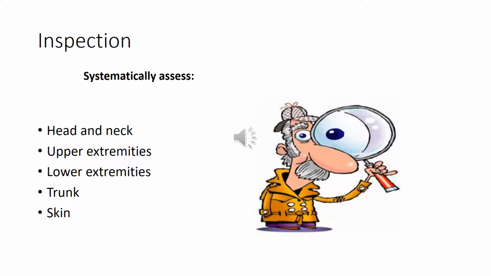Are they equal on both sides? Observe for any swelling, deformity, nodules, or masses, as these could be indications of some type of disorders. And any discrepancies in limb length or muscle size.